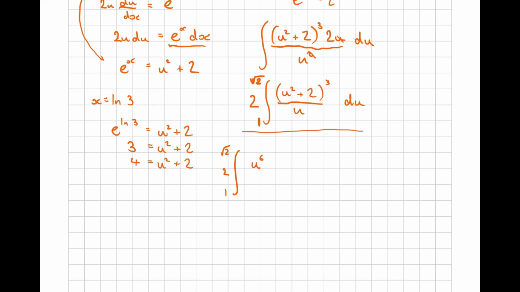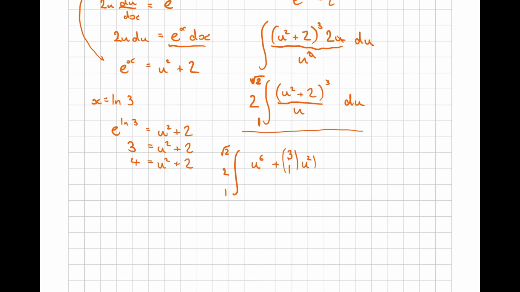My second term in a binomial expansion is 3 choose 1, times 2 to the power 1 times u squared to the power 2. So I'm going to list the binomial expansion for this first one so that we can see what I'm doing.